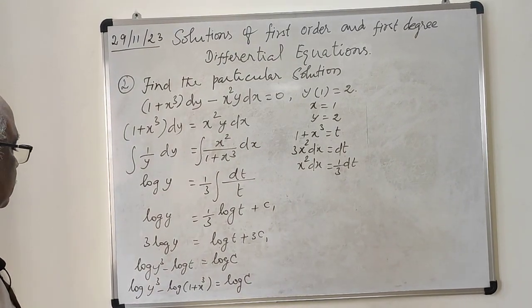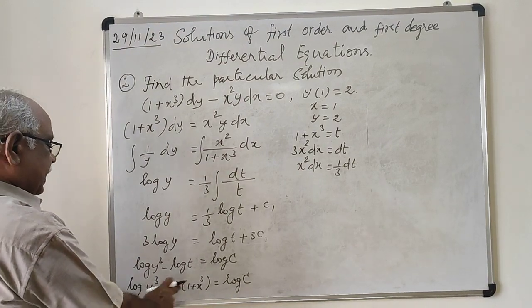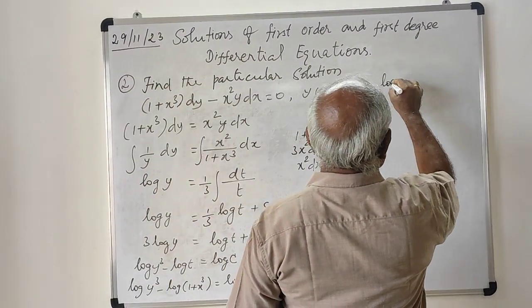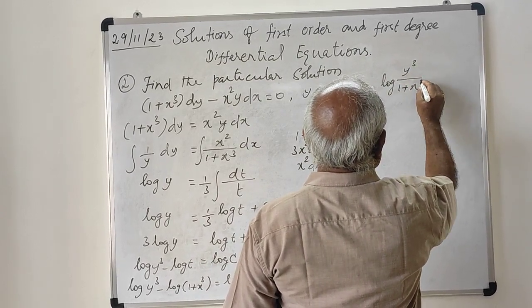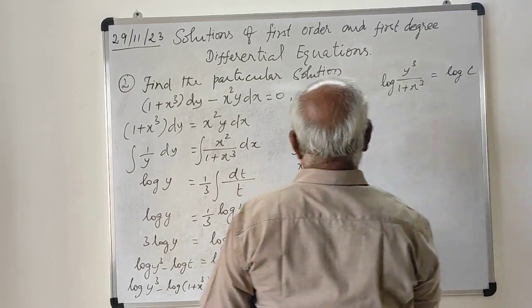Log m minus log n is log m by n. So this term becomes log of y cube by 1 plus x cube equal to log c.